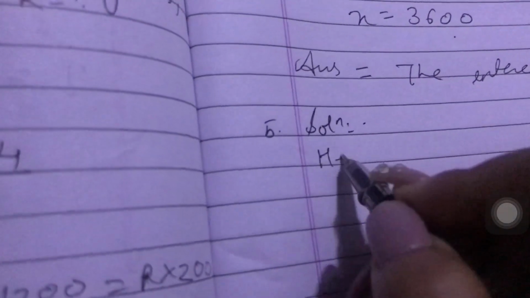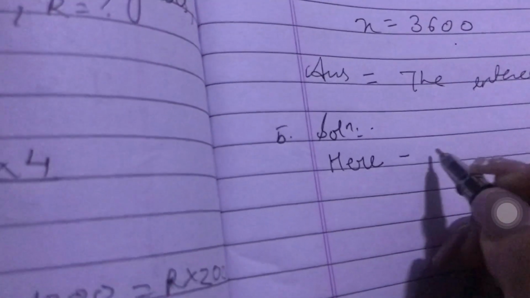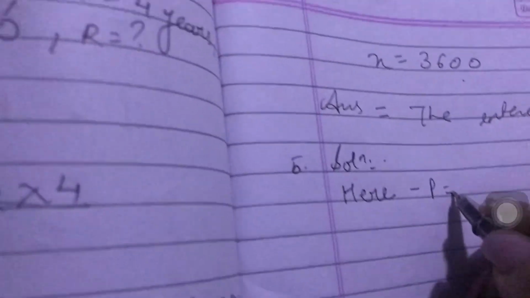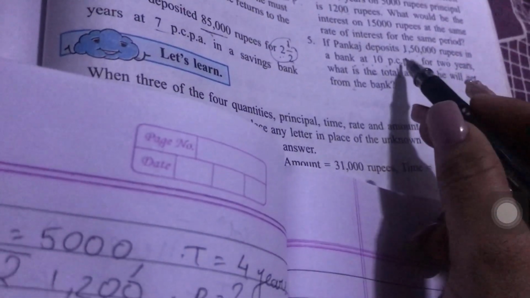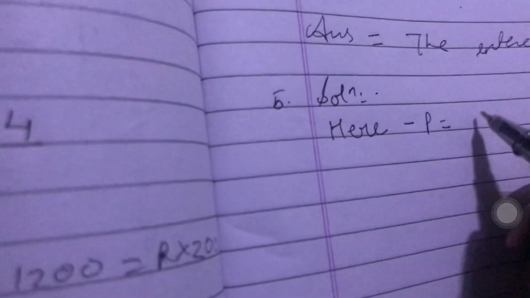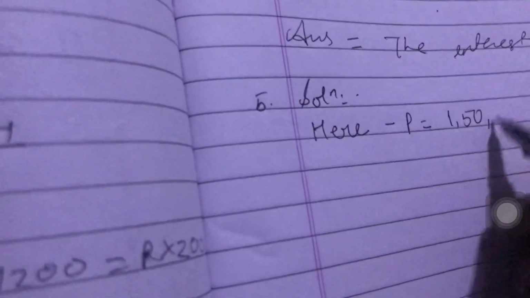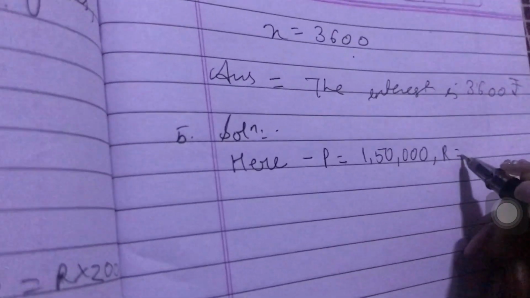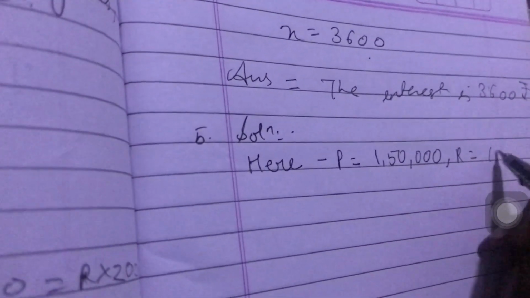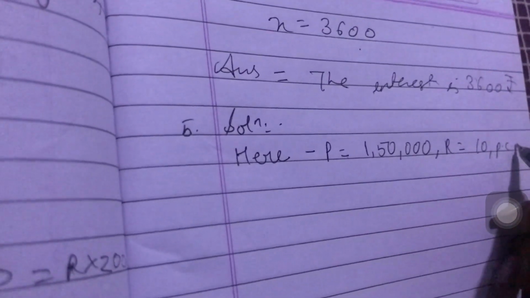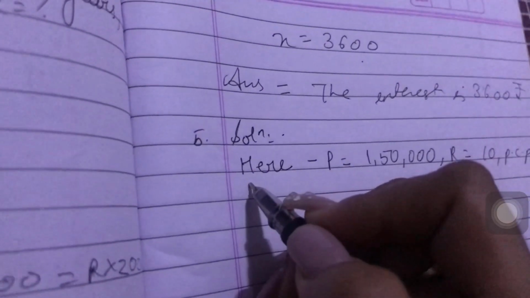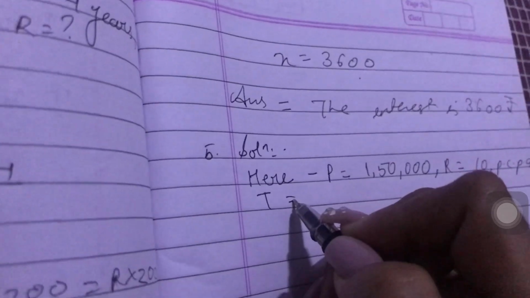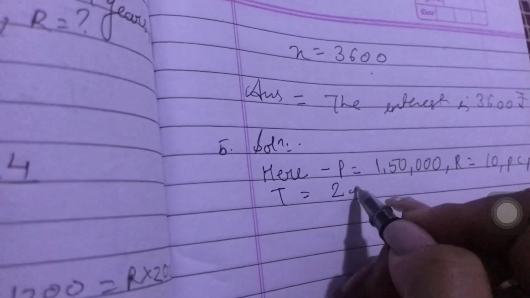So here, as I told you, the deposit will be principal, 1,50,000. Rate of interest is 10% per annum, and time period is given as 2 years.